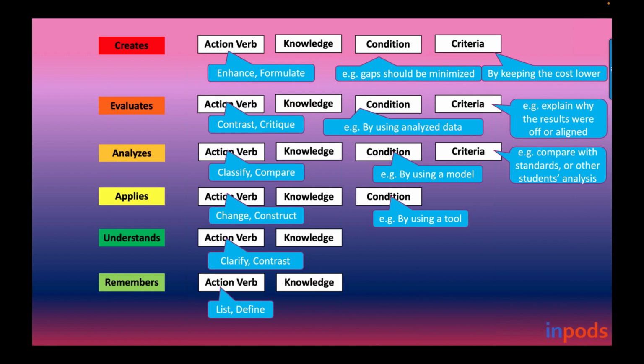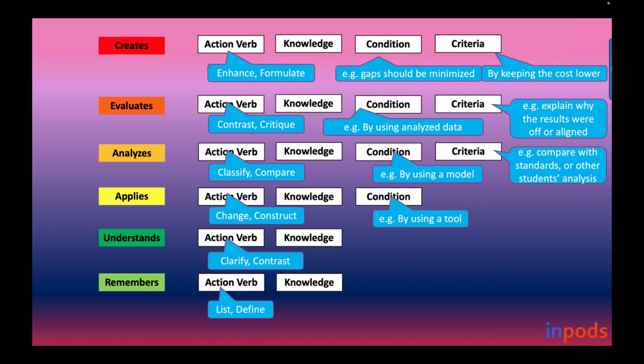You have now done enough analysis. You have also done the evaluation of your results with others' results. And now, do you have any optimized process? Show it to me. Enhance, formulate. Gaps should be minimized by keeping the cost lower. So just a 10 step process reduced to 6 steps is not good enough. Is it going to reduce the cost as well? Right? That is the create level expectation.